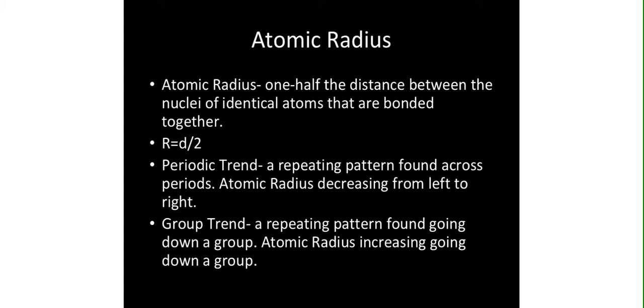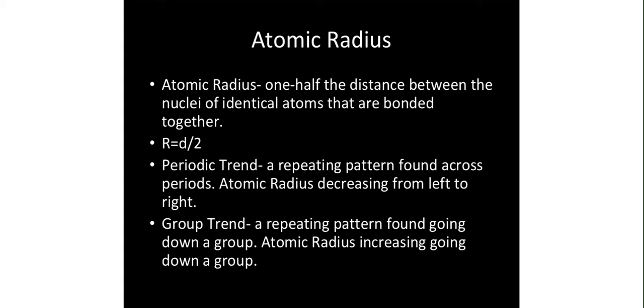In more detail, we are going to go over atomic radius. Atomic radius is defined as 1/2 the distance between the nuclei of identical atoms that are bonded together. We are learning about this because we are trying to define the size of an atom. A good way to determine this would be the distance from the nucleus to the edge of the electron cloud.